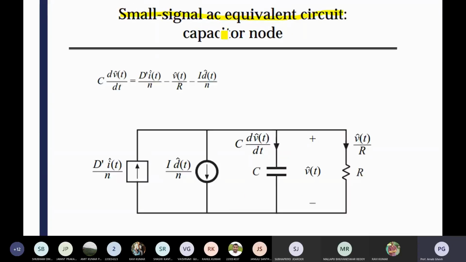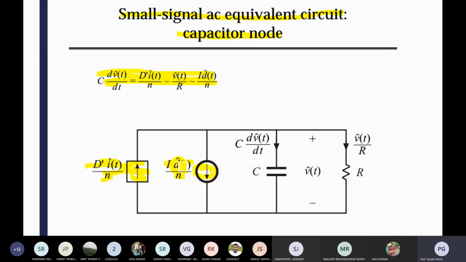It's the expression of the capacitor. Finally, same thing: it is a dependent current source D' i(t) by N, basically time-dependent current. Then there is an independent current source, basically I, the DC value.